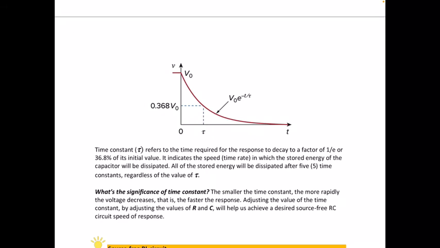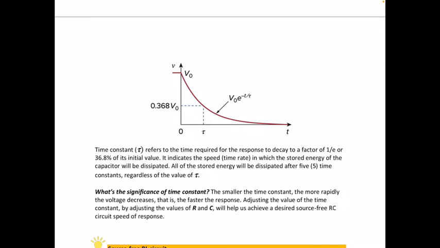All of the stored energy will be dissipated after 5 time constants, regardless of the value of tau. Time constant is actually the measure of how fast or how slow our response time would become.